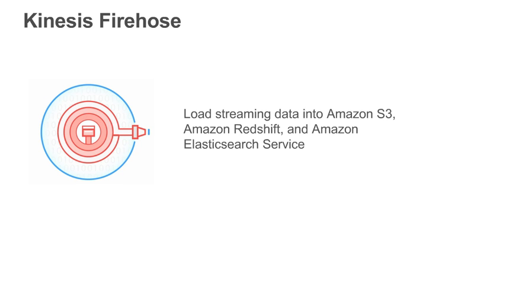Kinesis Firehose is one of the streaming data services at the Amazon Kinesis platform. Kinesis Firehose automatically loads streaming data into Amazon S3, Redshift, and Elasticsearch services. You do not need to build any application or manage any infrastructure for using Firehose.